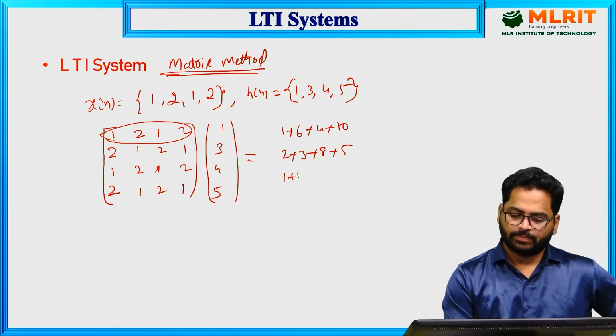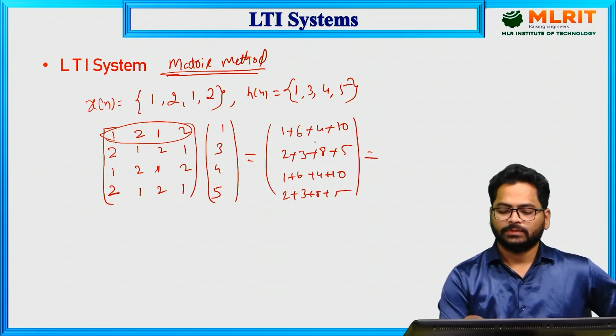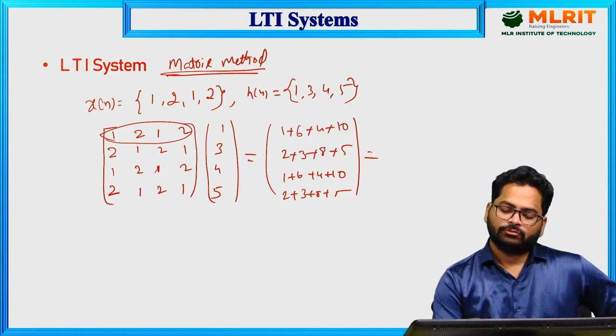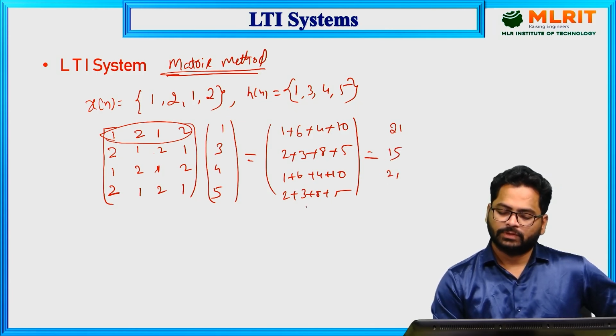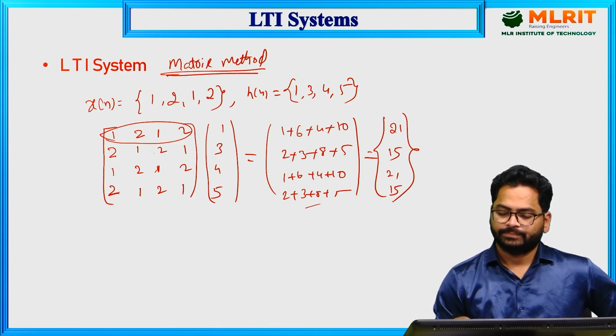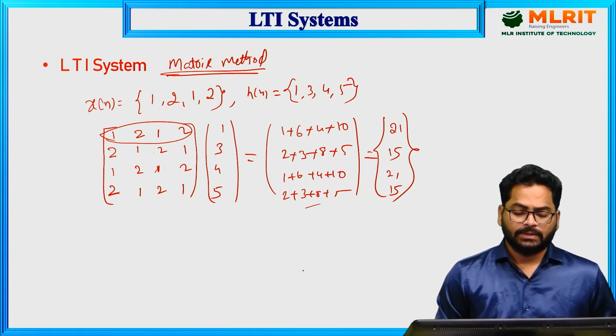Means we will get 1 plus 6 plus 4 plus 10, and 2 plus 3 plus 8 plus 5. That means we will get 21, next 2 3 8 5 is 15, and next 21. So we will get 50, like this. So this is the way to evaluate the matrix method.